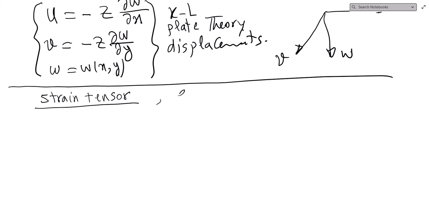And for linear, because these are small deflections, we have e_ij, where i and j are 1, 2, and 3.